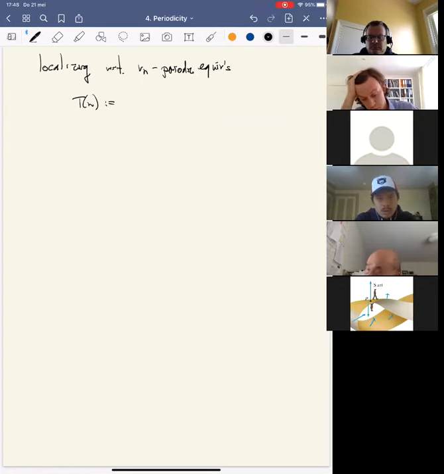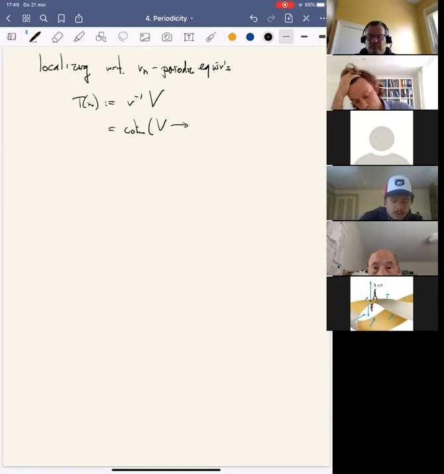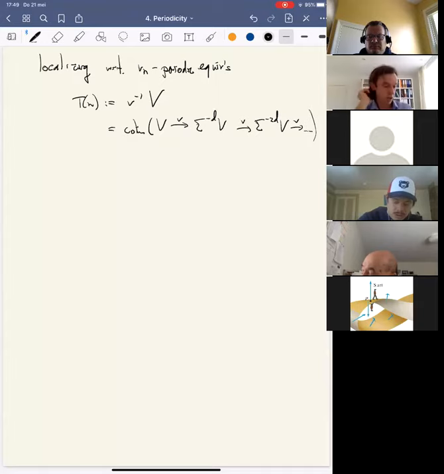You define Tn to be what's sometimes denoted as little v inverse of capital V. Here I'm assuming I fixed a type n spectrum, capital V, and a Vn self-map little v on it. By definition, this is the mapping telescope. This is the colimit along iterates of this little v, a homotopy colimit, if you will. Like so, just formally invert this little v. This is sometimes called the telescope.